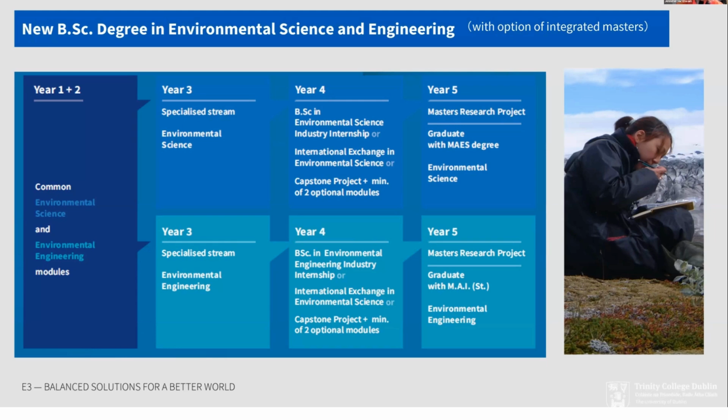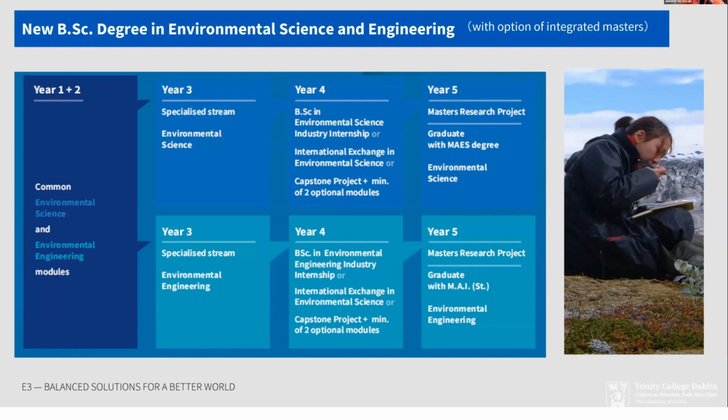So one stream would be applied environmental science, and you would graduate after year 5 with a master's in applied environmental science. And the other stream is environmental engineering. So after year 5, you would graduate with an MAI in environmental engineering, and the course has been designed in collaboration with Engineers Ireland, so it will be fully accredited.